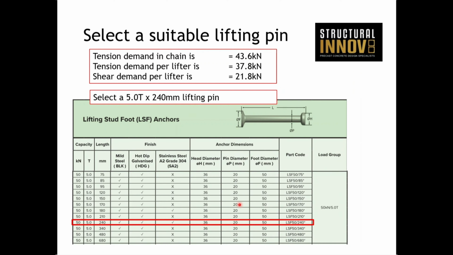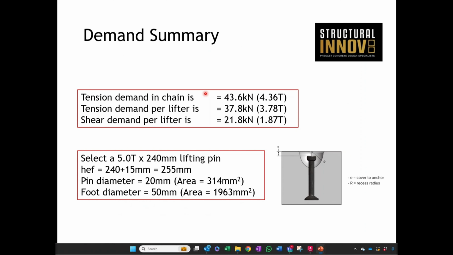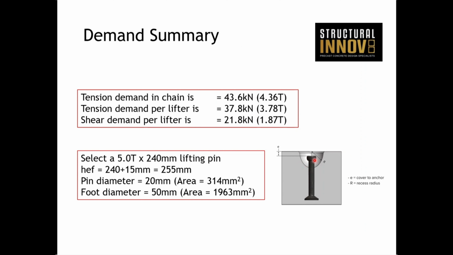And with the domed recessed former, the lifter is going to be, actually on the next slide, the lifter is going to be 10-15 millimeters below the surface. So 15 millimeters in this case. 240 plus 15 is 255, which leaves us 45 mil cover on the back face. And I think the requirement for this was 30 mil cover for this job. So we had that satisfied. So we can carry that forward and calculate all our calculations based on that.